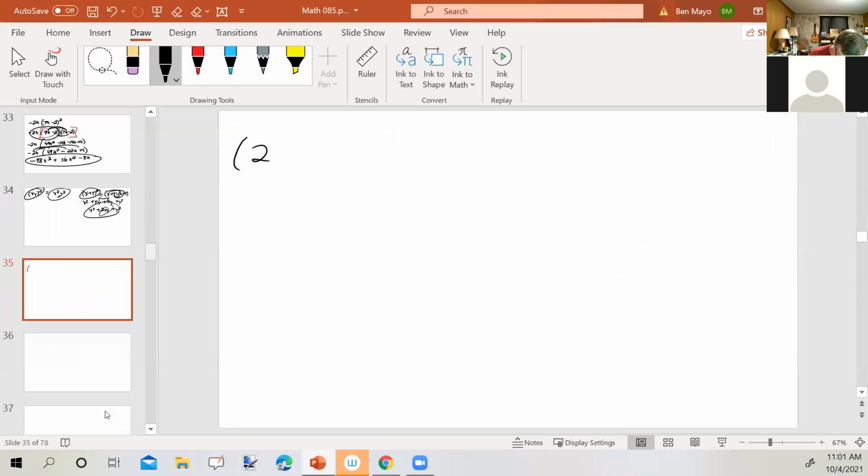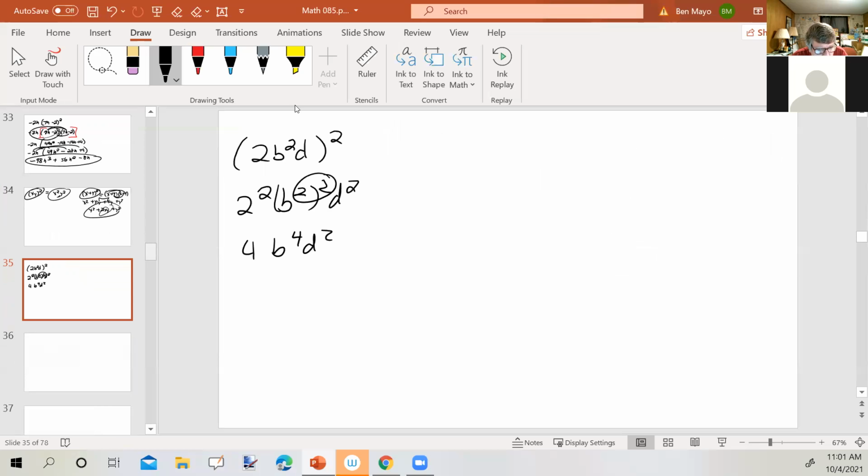Let's say we've got 2b squared d, the quantity squared, okay? So that would be 2 squared, b squared squared, d squared, or 4b to the 4th d squared. A power raised to a power, you multiply the exponents. Again, that's back in 5.2. At some point if you want more about that, ask me and we'll go into more detail.